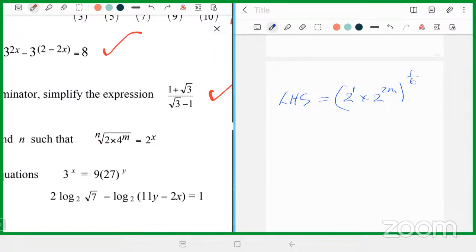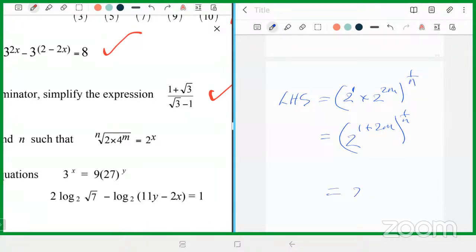Then this is 2 to the 1 right here. When I multiply them, I add the powers. So I get 2 to the 1 + 2m, all raised to the 1 over n. And then I need to multiply these.